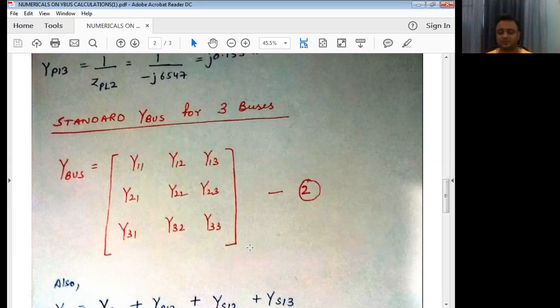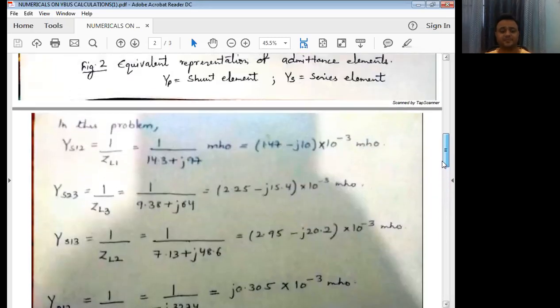So in our question, there are three buses, so we have to frame a 3 by 3 matrix. So Y-bus can be calculated by equating these variables Y11, Y12, Y13, Y21, Y22. Now our task is to calculate these variables individually one by one. So let us start calculating these variables.